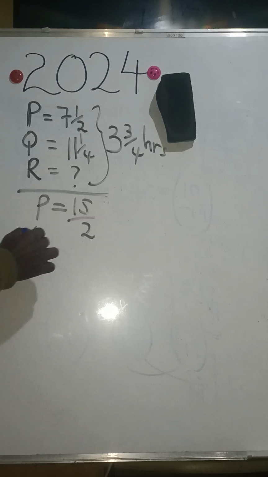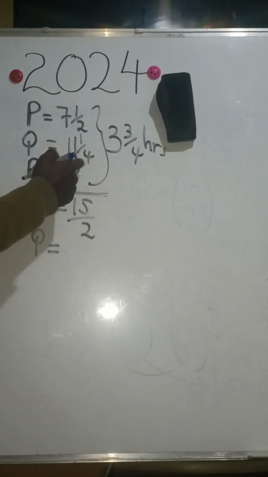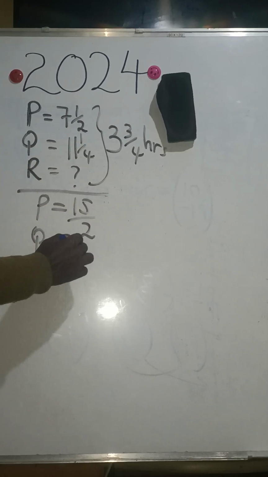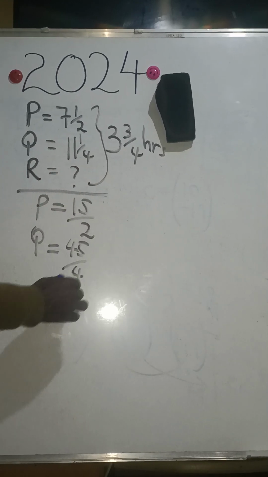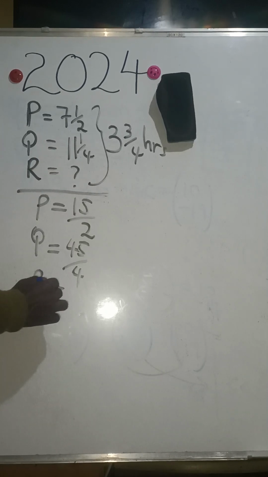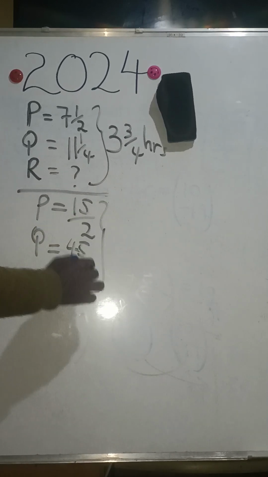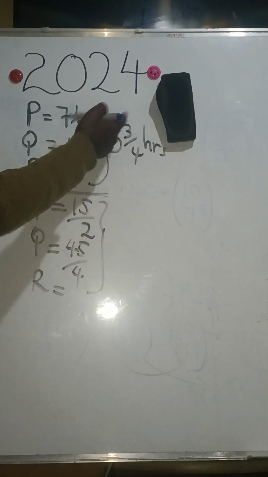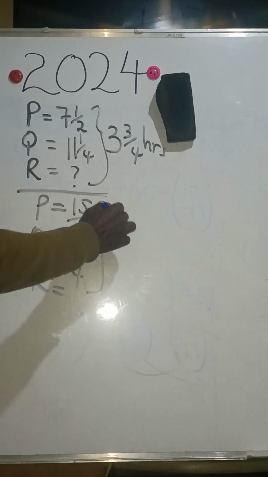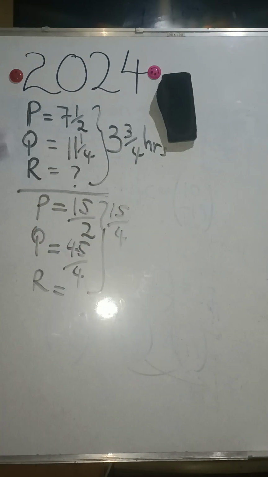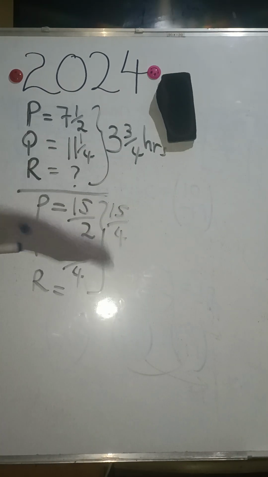Then we have Q, it can take 4 times 11, that is 44, plus 1, 45. So we have 45/4. Then the last one is R, that you don't know. But these three working together can take 4 times 3, that is 12, plus 3, that is 15. So they can take 15/4 hours to have the whole swimming pool empty.